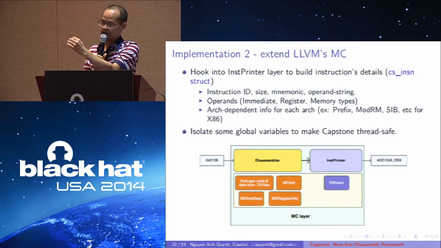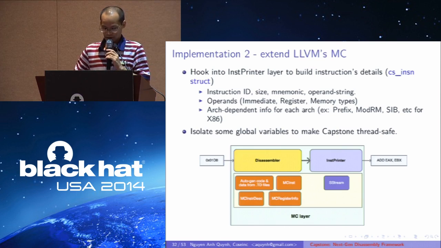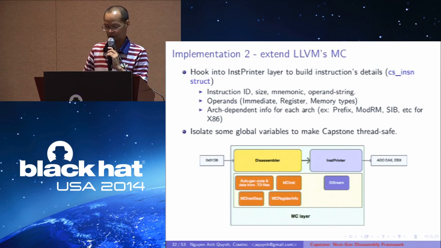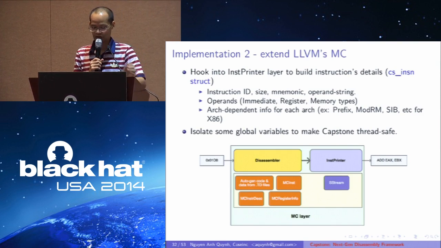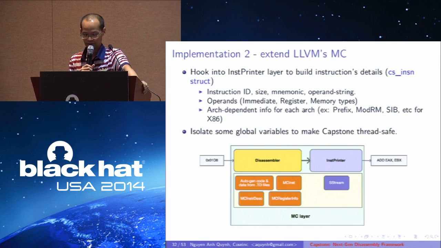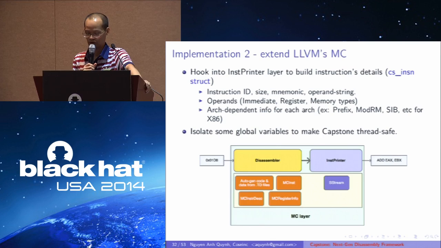It can be immediate, register, or memory. And finally, my hook in this layer will give out the architecture-dependent information for each architecture. It can be like prefix, ModRM, SIB, etc. for x86 and so on.